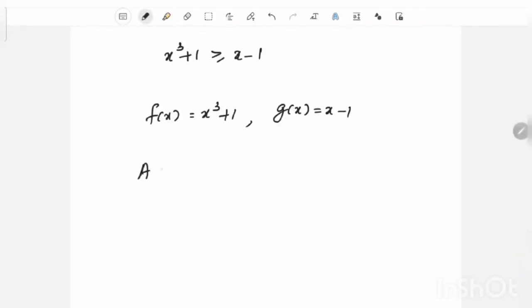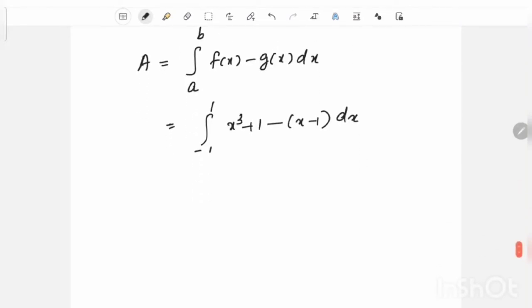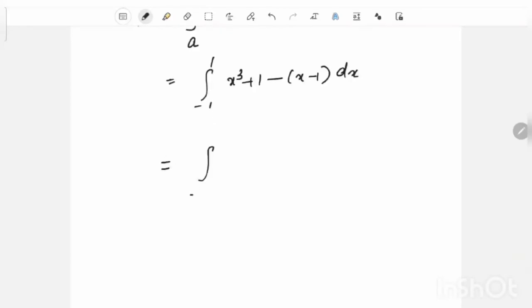So area A is equal to integral a to b f of x minus g of x dx, which is equal to integral minus 1 to 1 of x cube plus 1 minus x minus 1 dx, that is integral minus 1 to 1 of x cube minus x plus 2 dx.